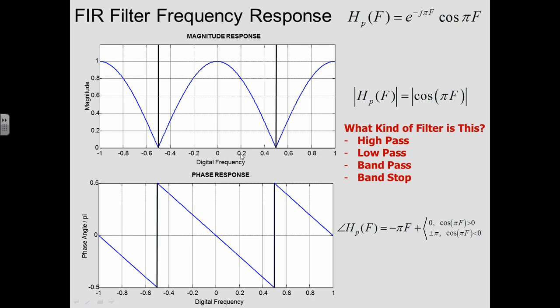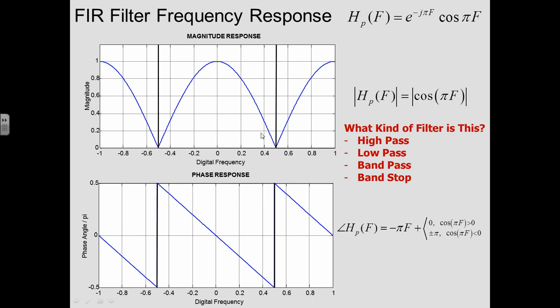So here, in this upper part of the principal range, is what we would consider the high frequency range, at least the highest allowable frequencies that we can put in, and around 0 would be what we would consider low frequencies. So this is a filter that passes low frequencies and attenuates high frequencies. So that would be a classic example of a low-pass filter.